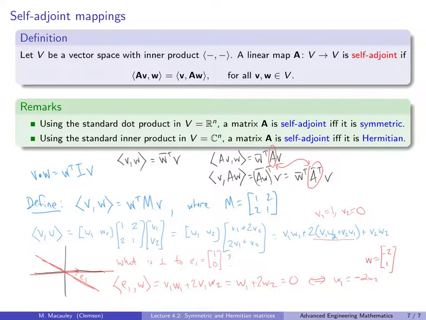Let me actually conclude, not quite conclude, but just show you another inner product. You can replace this matrix M with any symmetric matrix that has only positive eigenvalues, said to be positive definite. But here's another choice. Let's define W dot V equals W transpose times the matrix (0, 1; 1, 0) times V. So V dot W is (V1, V2) dot (W1, W2).